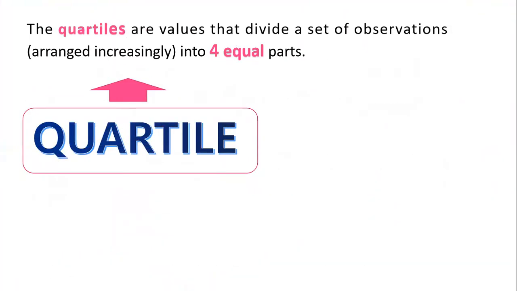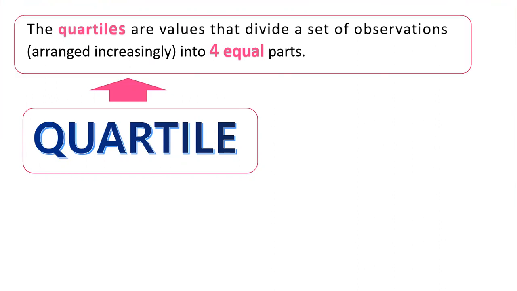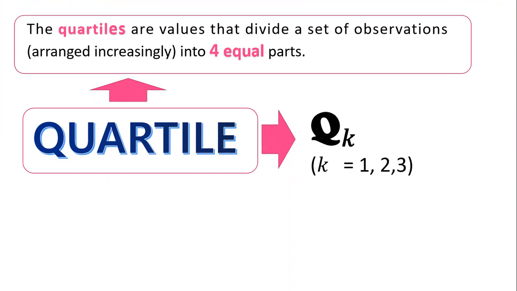Now, let's proceed with quartile. Quartiles are values that divide a set of observations, arranged increasingly, into 4 equal parts. Quartile is denoted by Q sub k, where k ranges from 1 up to 3.